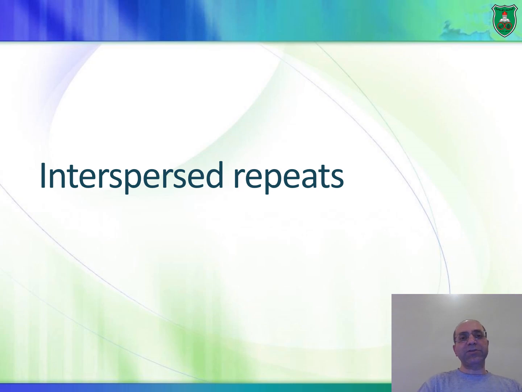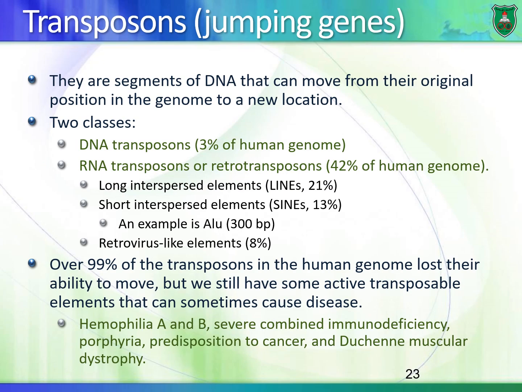Well, how about interspersed repeats? These are the repeats that make up the majority of the human genome. These interspersed segments are also known as transposons, which means jumping genes. So these are really segments of DNA that can move from one place to another in our genome.